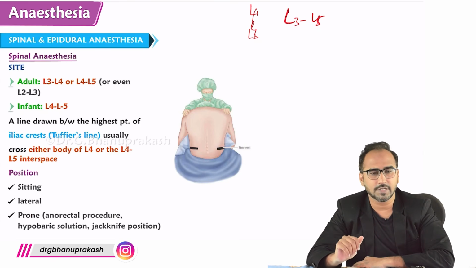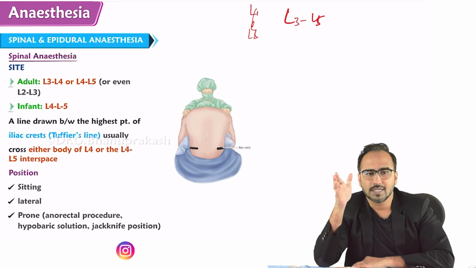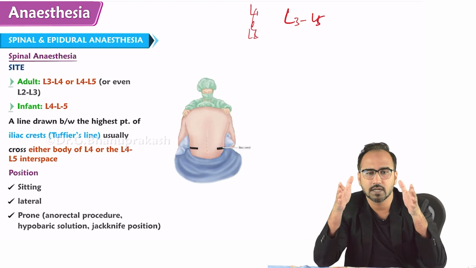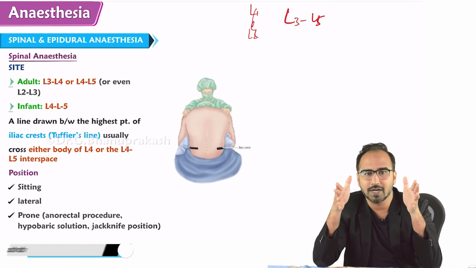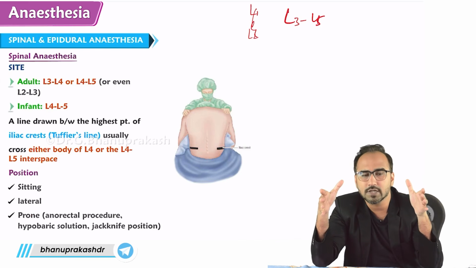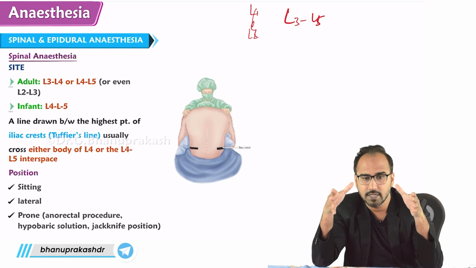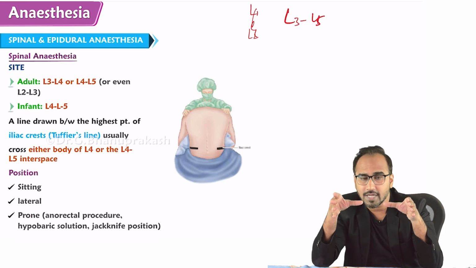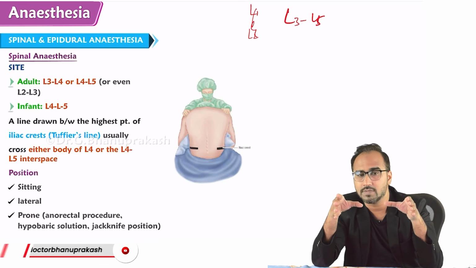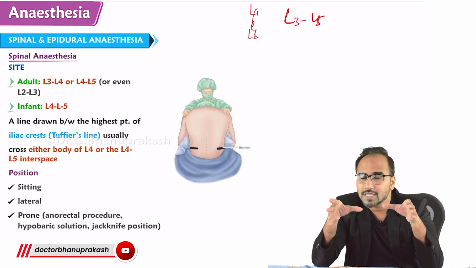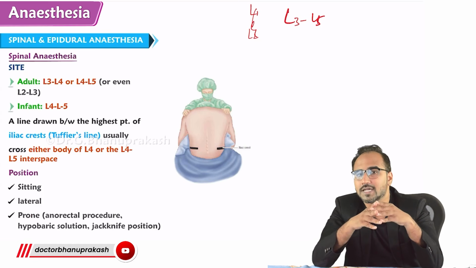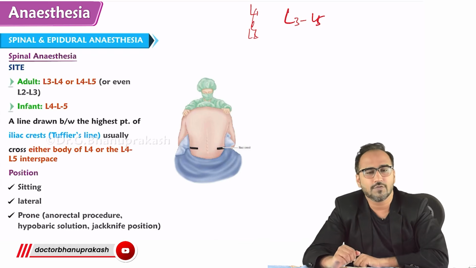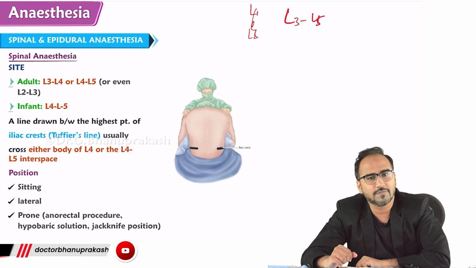To locate that line, you have to stand behind the patient. Take your two hands and keep them on the highest point of the iliac crest, thumbs like this. An imaginary line can be drawn between your thumbs. That line is called Tuffier's line, which indicates the L4, L5 space.